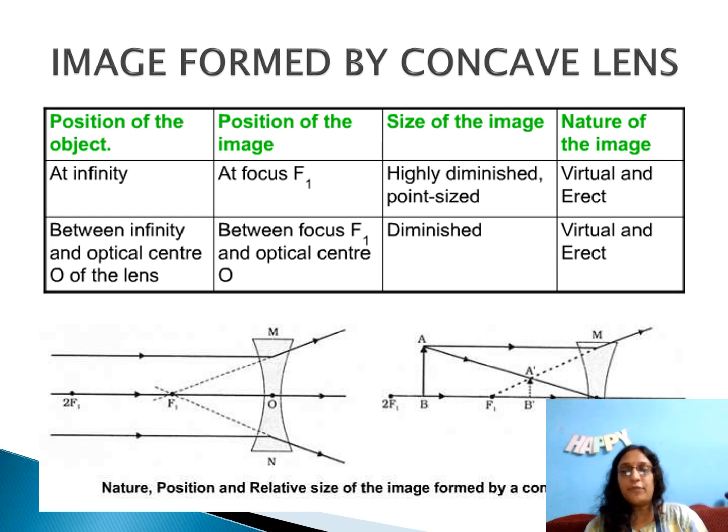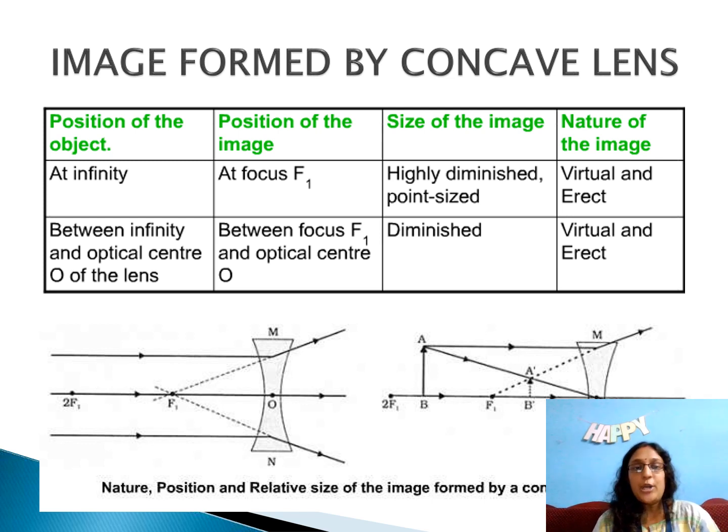So now, the position of the object. When you keep the object at infinity, this is your first ray diagram. So where will be the position of the image? The position of the image will be at focus F1.